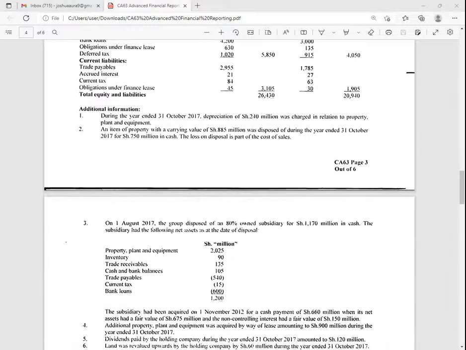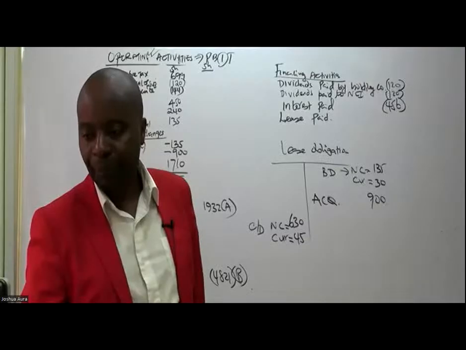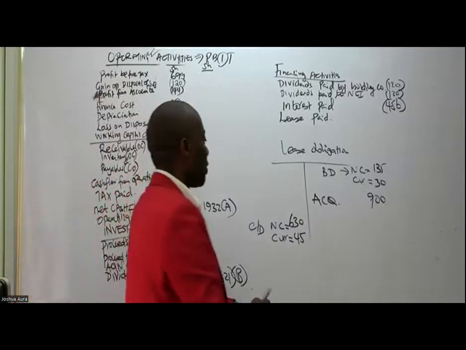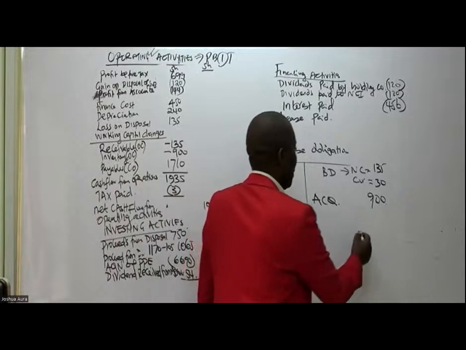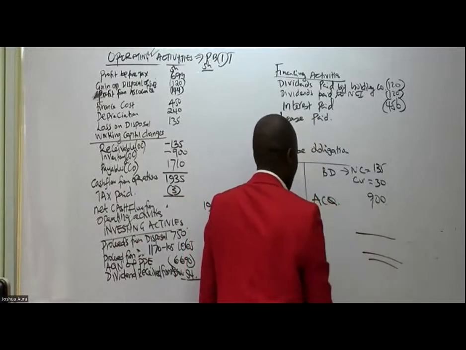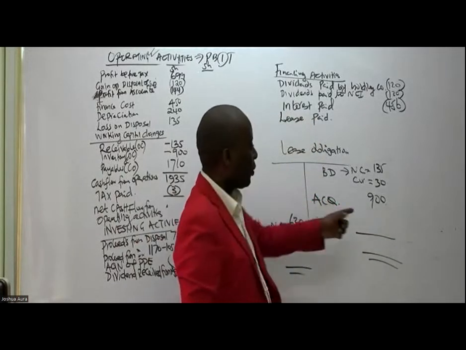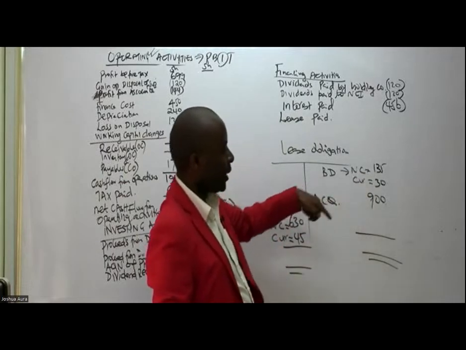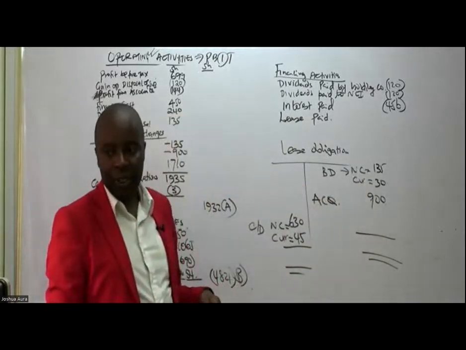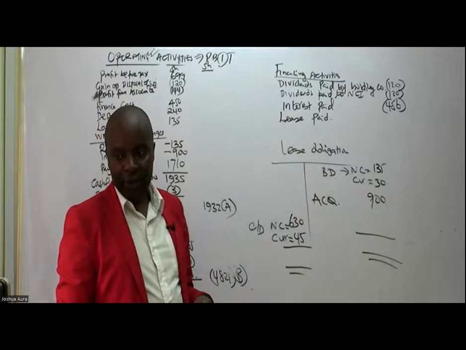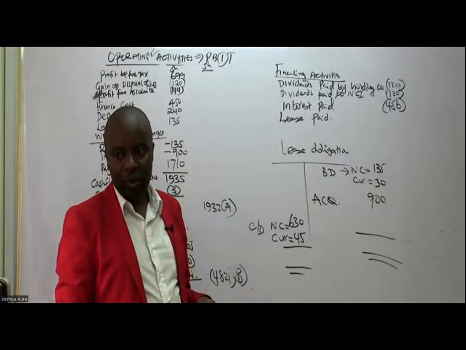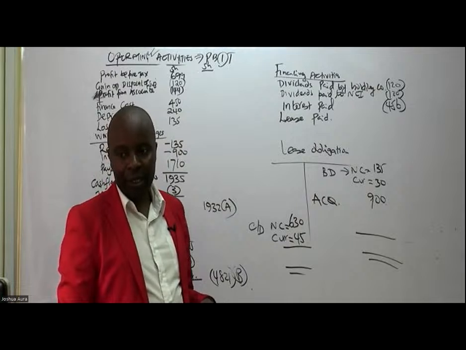So what we need to do is balance this. Of course, this side is bigger. First of all, give me this side: 135 plus 30 plus 900. What are we getting here? 1065.